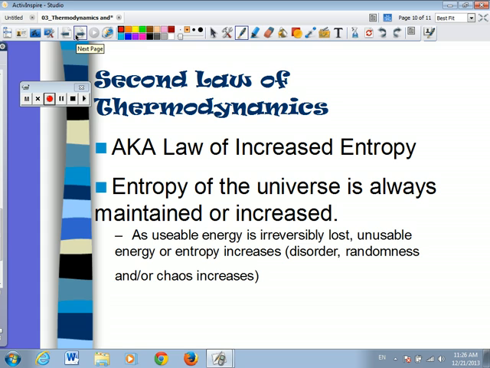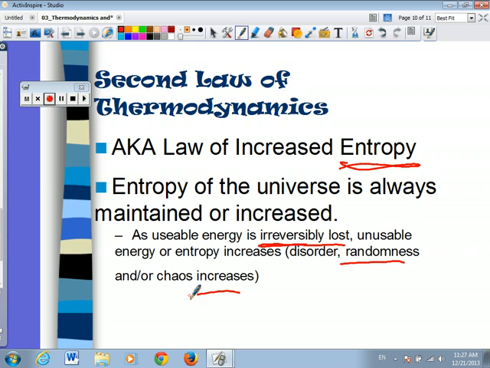The second law of thermodynamics, basically, says that the amount of entropy in the universe is maintained or increased. What does that mean? Well, basically, that's what I said. As usable energy is irreversibly lost, entropy increases. Disorder, randomness, chaos, however you want to talk about it.